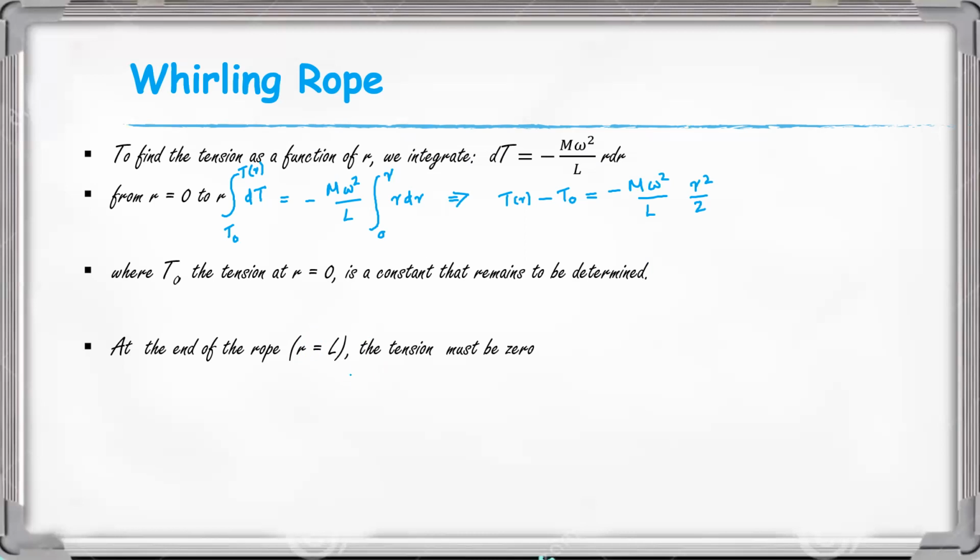So we substitute the condition r equal to L, then T of L minus T0 is equal to minus m omega square divided by L into L square divided by 2.